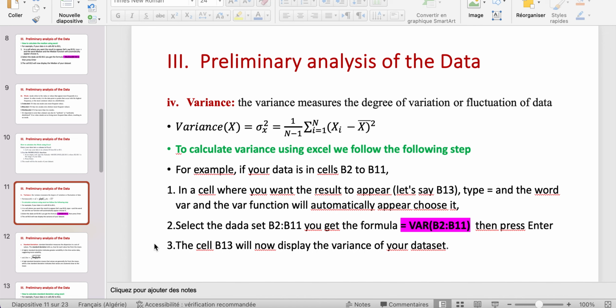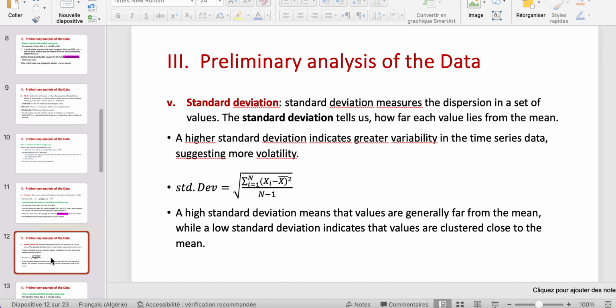Here I explained how to calculate the variance, and let's move to the standard deviation. Standard deviation measures the dispersion in a set of values. The standard deviation tells us how far each value lies from the mean, how far the data points are from the mean.